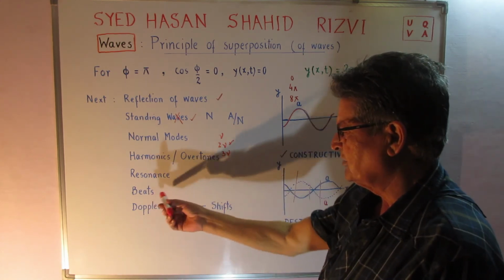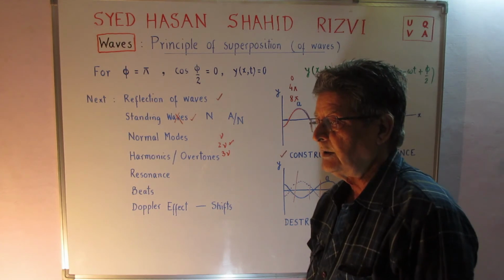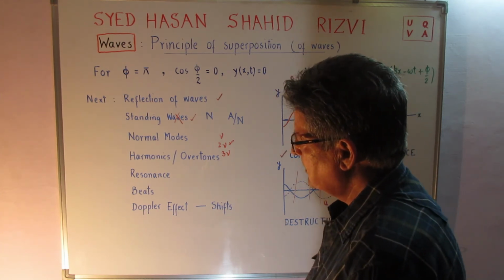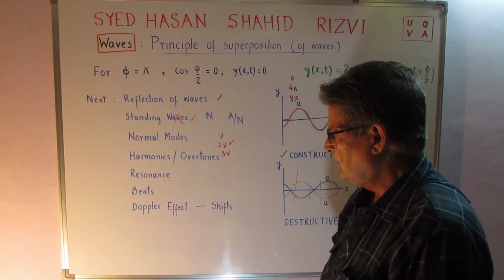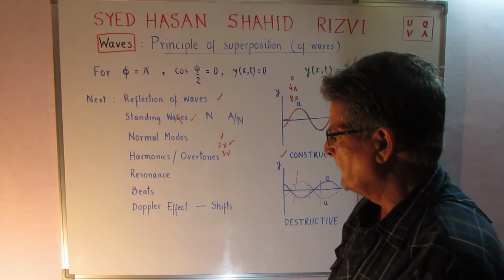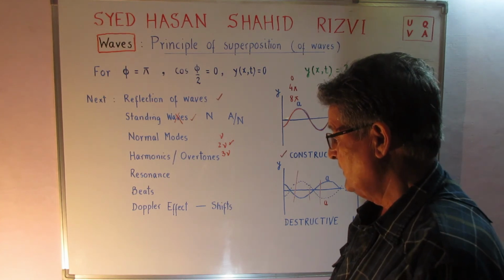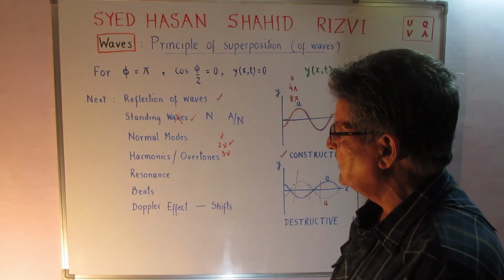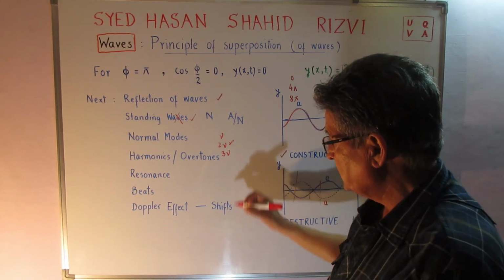Beats is a very interesting subject, particularly from the point of view of examinations, with objective questions, one out of four or one out of three or one out of five. Then we have a very interesting effect called the Doppler effect, where the frequency changes.